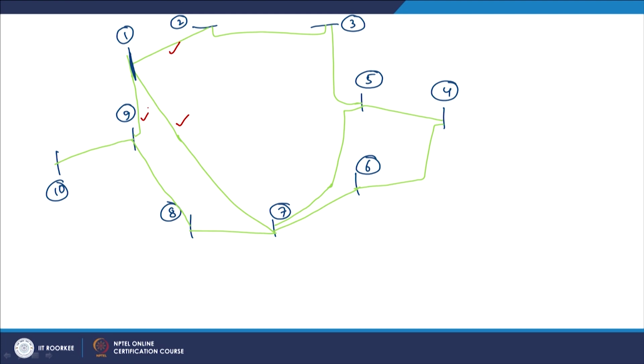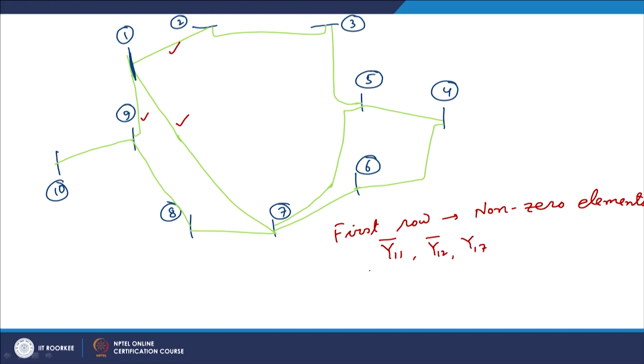Therefore, in the first row, the non-zero elements would be y11, which obviously would be non-zero because it is the sum total of all these admittances, and then y12, which will be nothing but the negative of this, then y17 and y19.